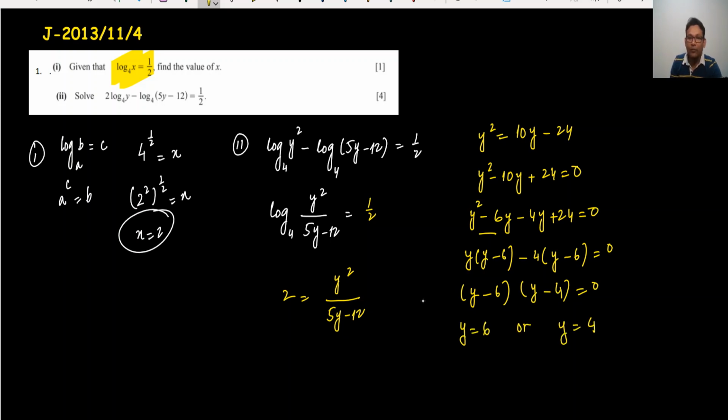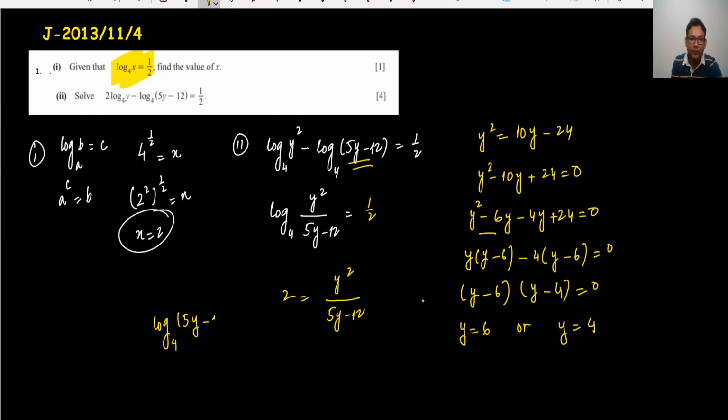One thing, remember, we are finding the value of x. No, I think it's y. Oh, we have done it. And one more thing, you have to check. This 6, when we substitute here, like here log 4, the position of y is here. When I put 6 or 4, there is no problem. But when I use this one, I have to be careful.